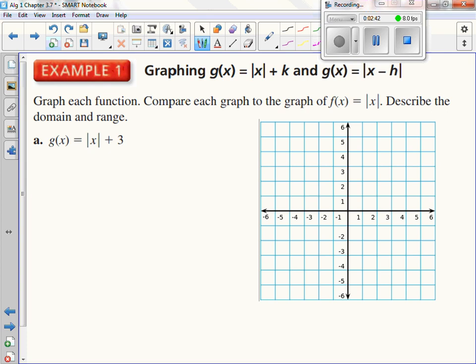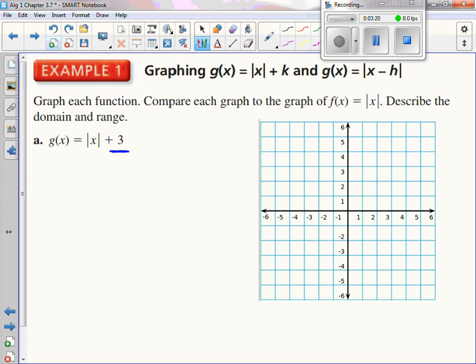Horizontal was our left, right, and vertical was up, down. The vertical translation was f of x plus k, and the horizontal was f of x plus h on the inside. Here it's vertical. We're moving the absolute value function up 3. We're taking that graph and translating it 3 units up.